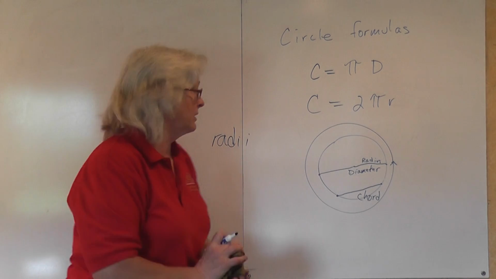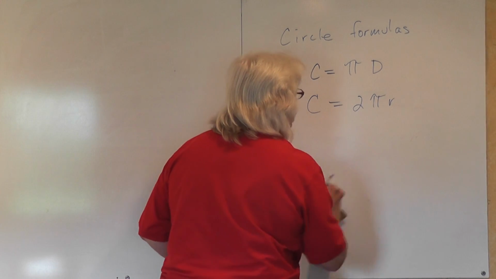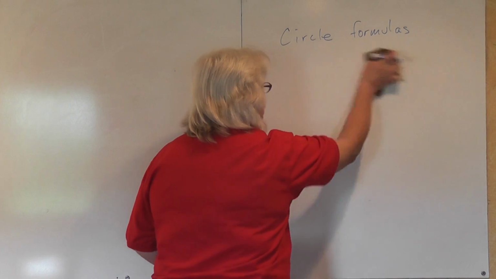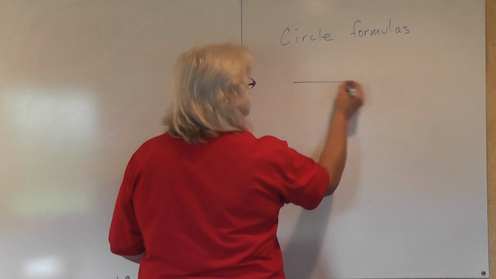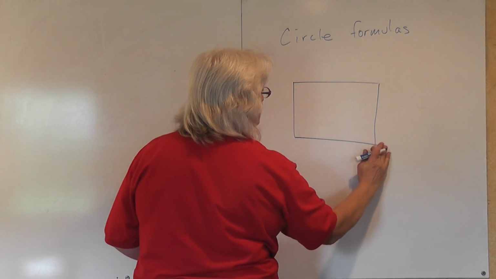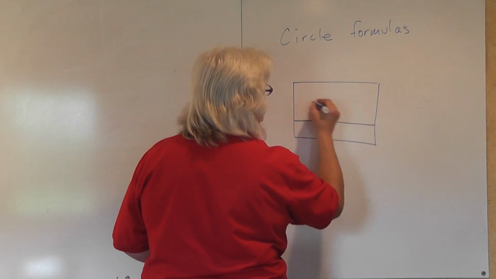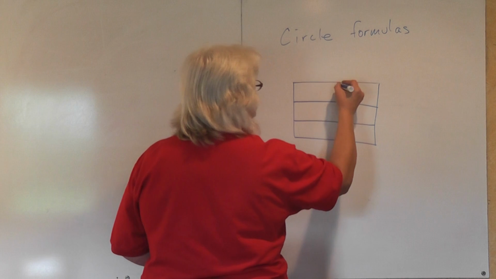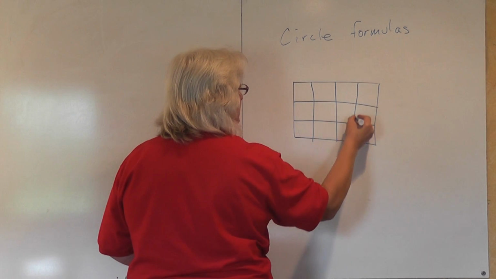Now, what we're talking about in this section is how do you find the area of a circle. And we learned in our last section that area is measured in square units, and it's the number of squares that it takes to fill up a particular area.